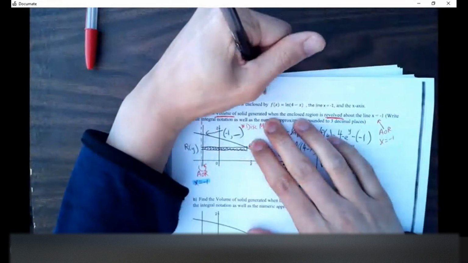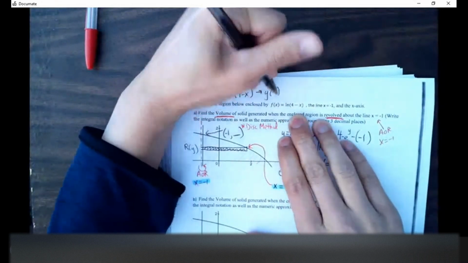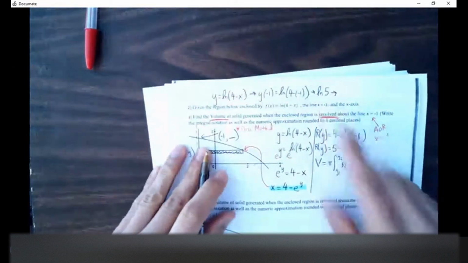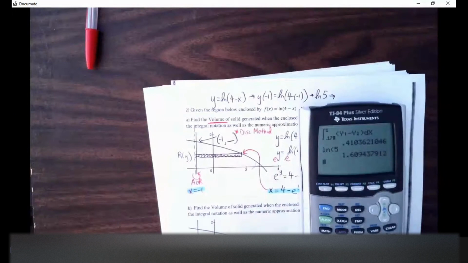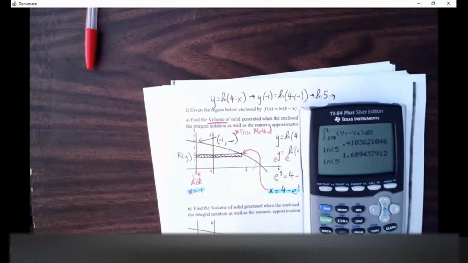So I'll put -1 into x here, and I get natural log of 4 minus -1. 4 minus -1, that's 4 plus 1, which is 5. Natural log of 5 is the y value. Now, this is completely fine, but if you want a decimal value out of it, you can put it in the calculator and say natural log of 5 is 1.609.